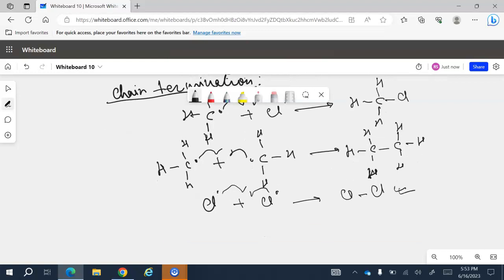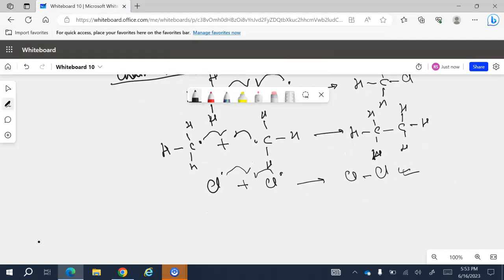And sometimes, in some termination steps, the generated radical, say for example the methyl radical generated in one of the propagation steps, may combine with the wall of the reaction vessel. This radical will be used up, forming some type of bond with the wall of the vessel as well. Again, this is not what we wanted, but that can happen.